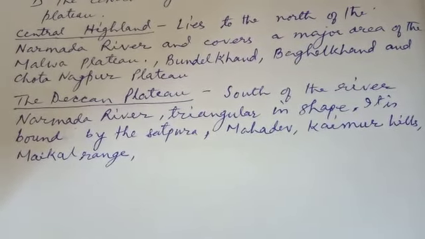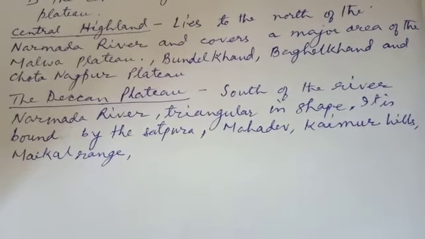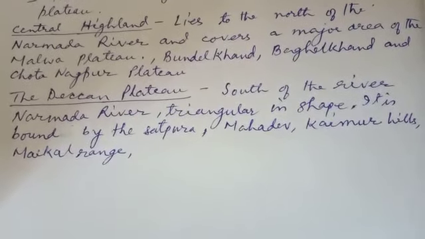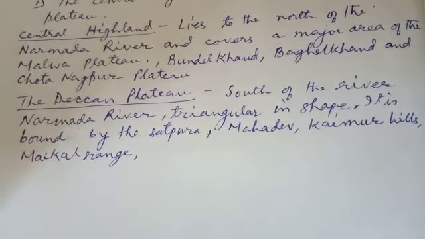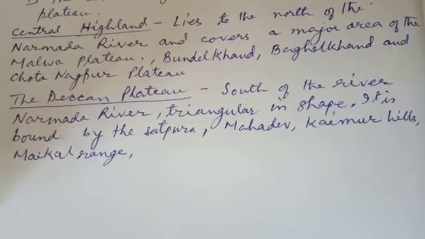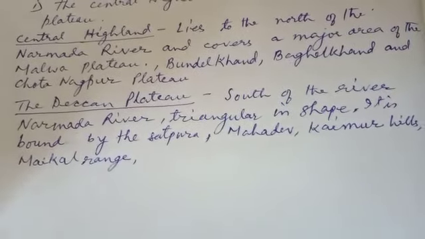The Western Ghats are higher than the Eastern Ghats. The Anaimudi is the highest peak of the Western Ghats, while Mahendragiri is the highest peak of the Eastern Ghats. The Western Ghats cause orographic rainfall.